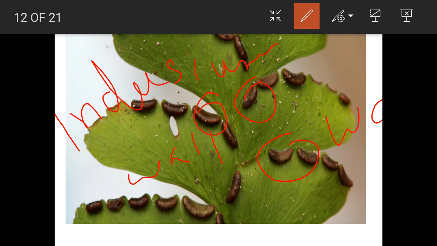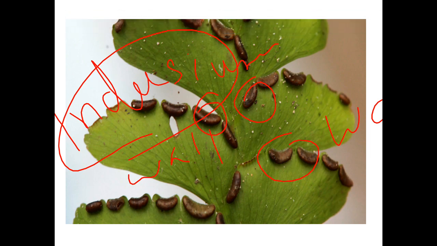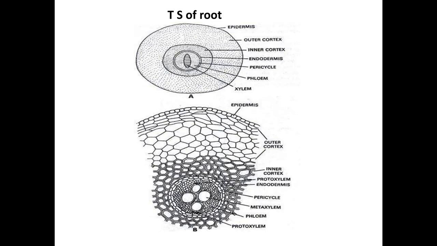So that covering of the sorus is said to be what? Indusium. Covering of the sorus is called the indusium, which protects the spore bearing organs, or the spores, that are present inside the leaf margin. So this is regarding the morphology of the Adiantum plant.